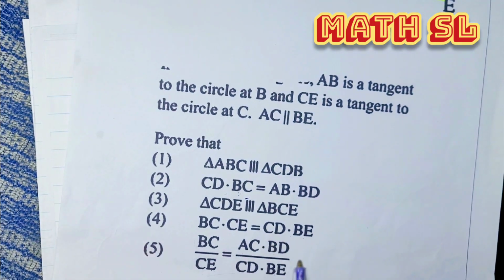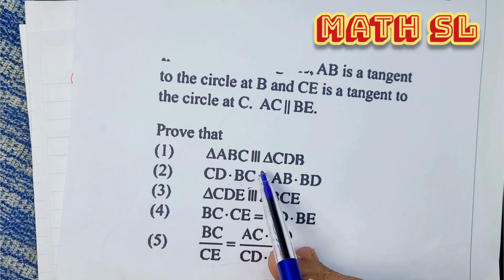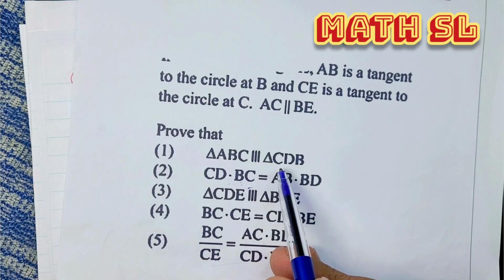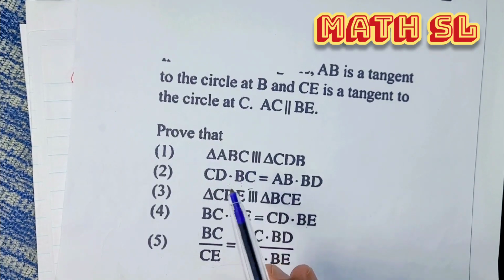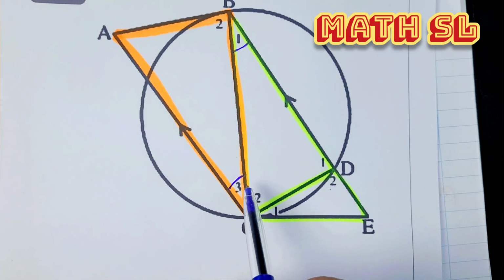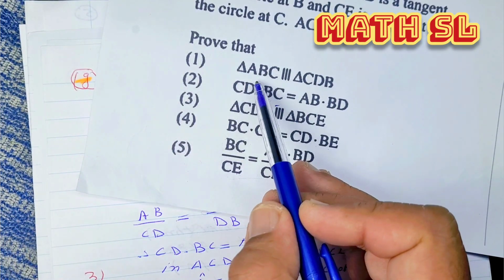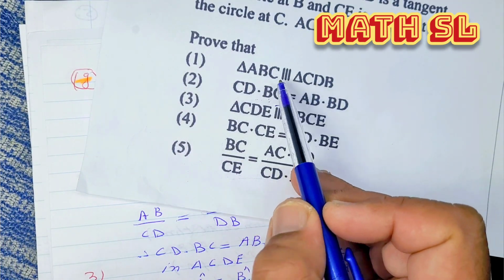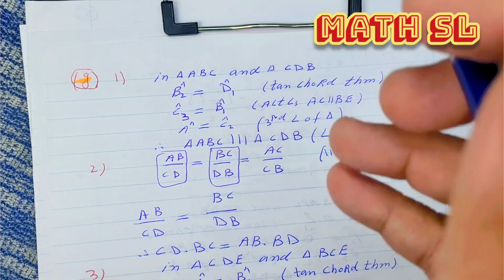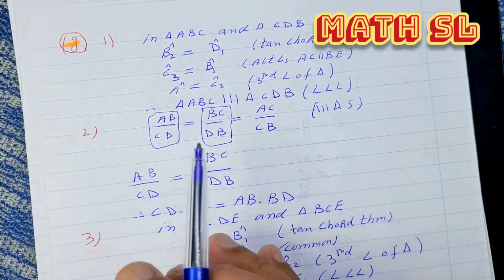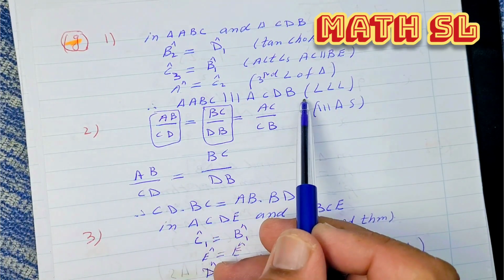Remember the question says triangle ABC has to be proved similar to triangle CDB, which means these two triangles already exist in the sketch. So you can follow this sequence, this pattern: A goes with C, B goes with D, C goes with B. That's why at the last you can say therefore triangle ABC is similar to triangle CDB.